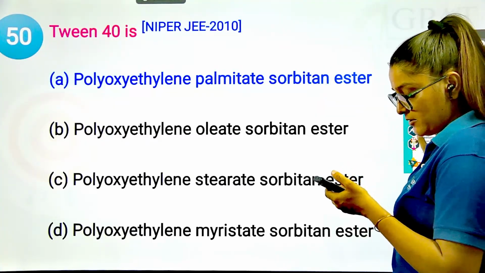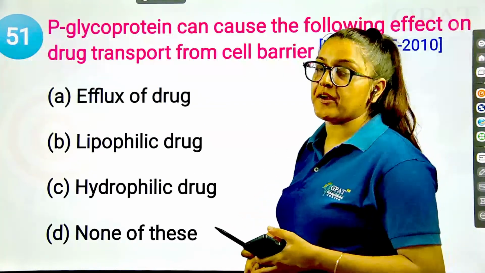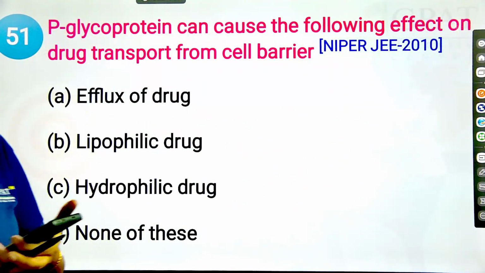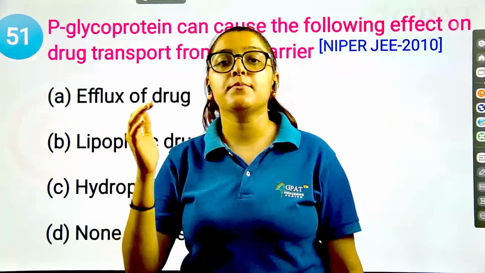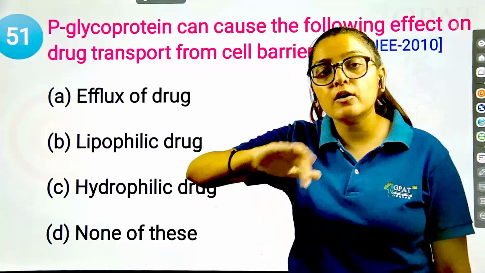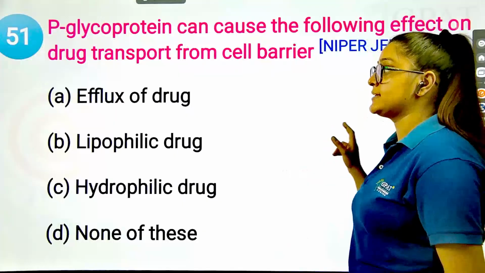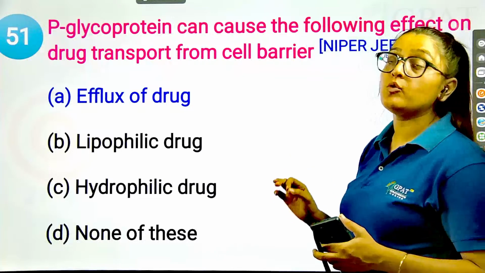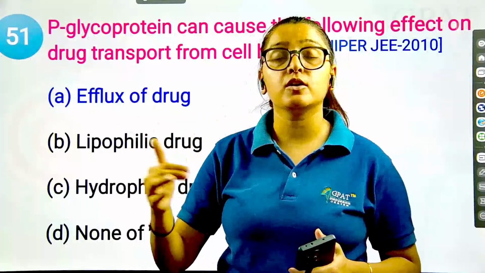Correct. Next, P-glycoprotein. Which of the following effects will it impart on the drug transport mechanism? You all have been taught this in pharmacology. This P-glycoprotein is mostly known for the efflux of drugs out of the actual site. So it causes efflux of the drugs. Correct, Karthik? We have correct answer option number A. P-gp is known for not letting drugs accumulate at the target, but causing their efflux.